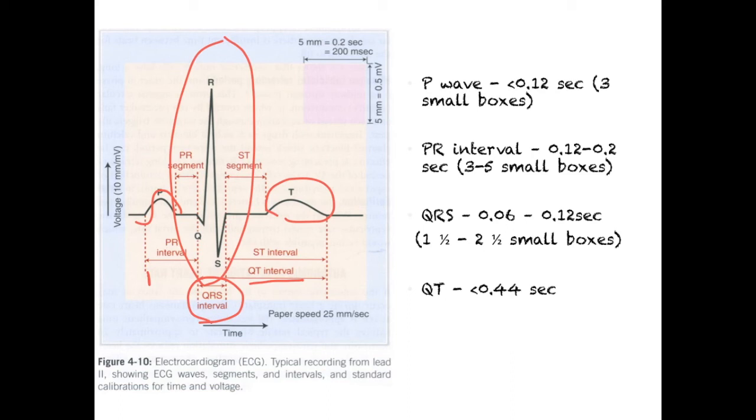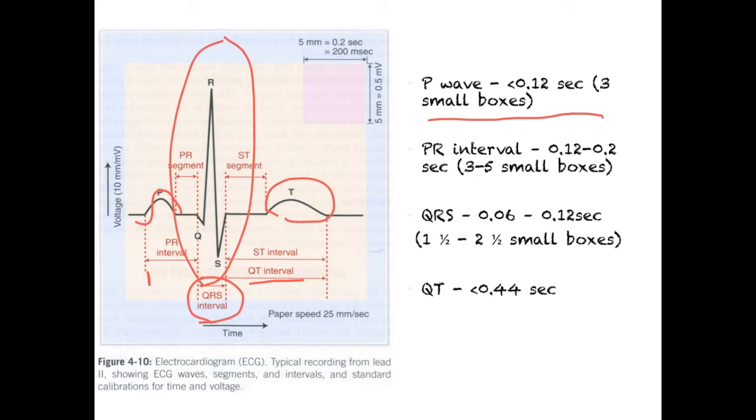So in typical patients, there are expected times for these different intervals. For example, a P wave usually should last less than 0.12 seconds, which would be equivalent to 3 small boxes.